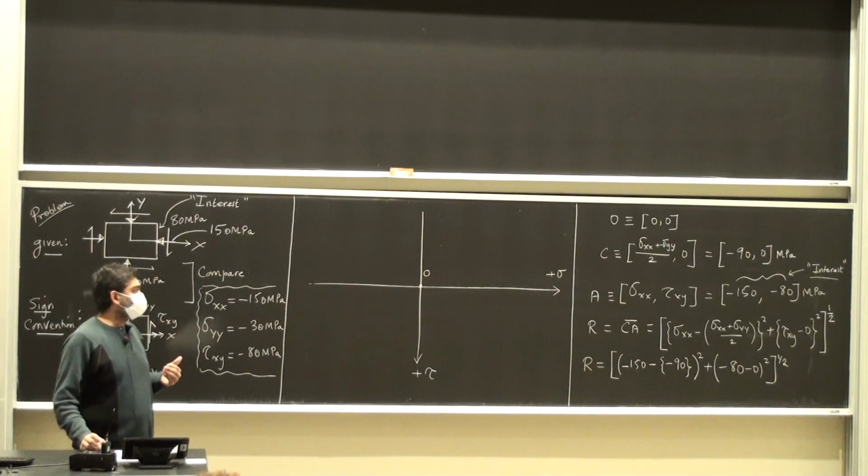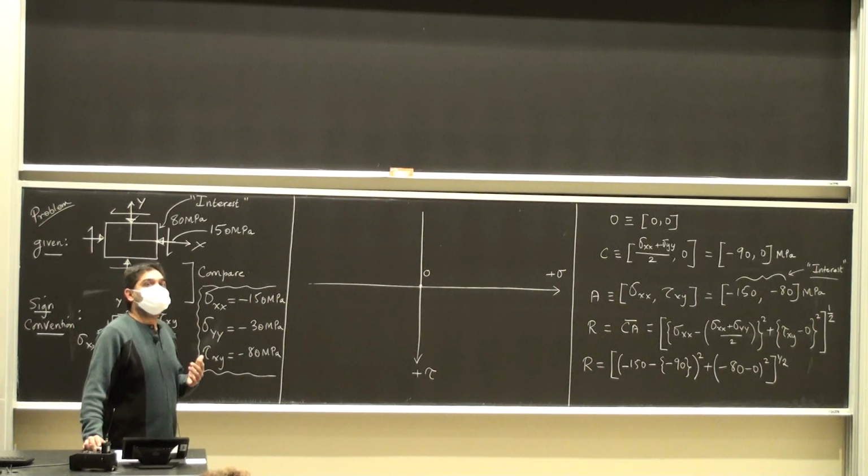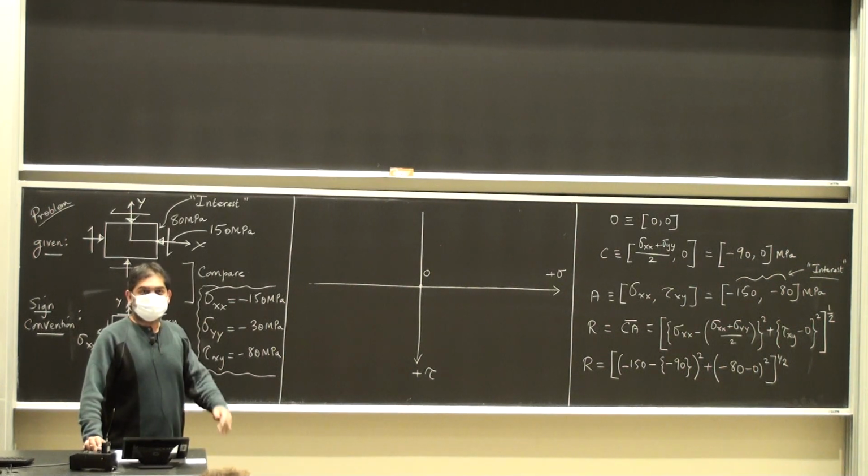Minus 150 minus 90 becomes minus 150 plus 90, which is 60 square. Then I have 80 square. 60 square and 80 square is 100 square. Square root of that is 100.